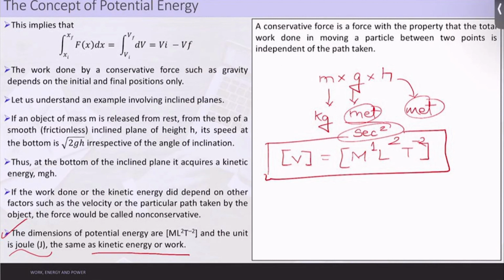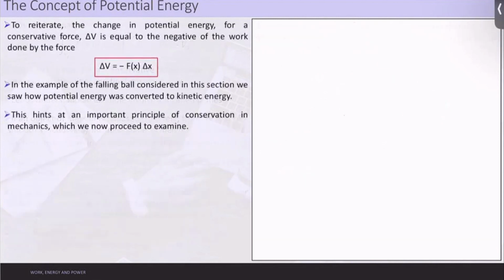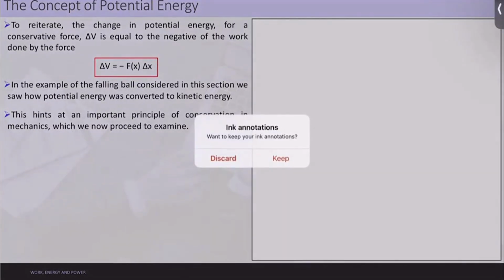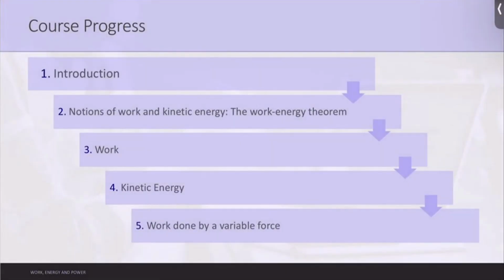So that being said, let me stop the discussion here. We will start the discussion from this slide in the next one. For the course progress, we started with the introduction. We have completed the work-energy theorem, work, that is force into displacement, and kinetic energy. We have completed work done by a variable force, that is the area under the curve of F and x.